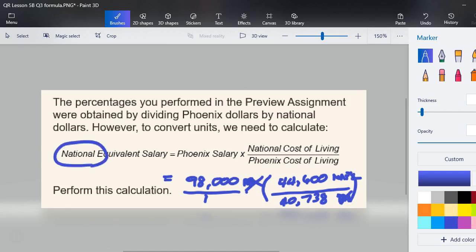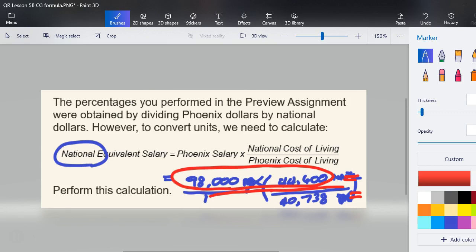To get this in your calculator, you can do various ways. My favorite is to multiply the numerators, hit equals, because I believe calculators may need a little help every now and then. And then we're going to hit divide by the 40,000 and equals again. Grab a calculator, do this calculation with me, hit clear several times, punch in 98,000 times 44,600 equals.